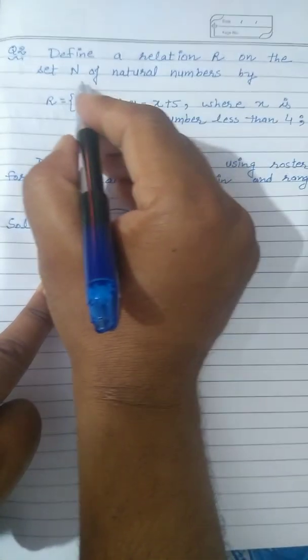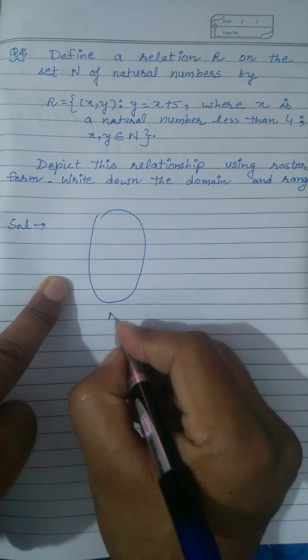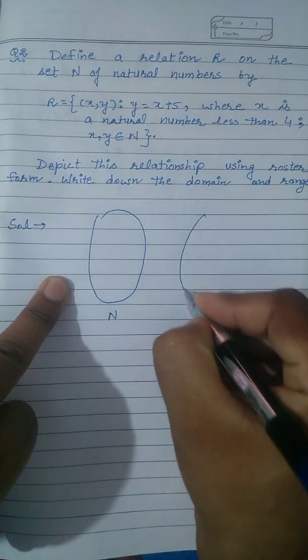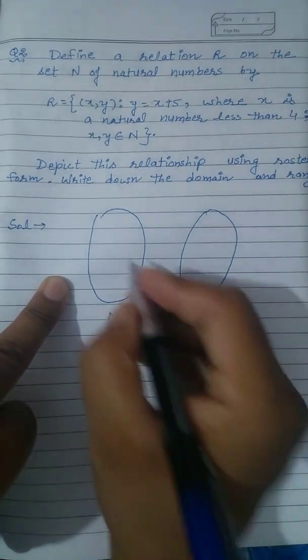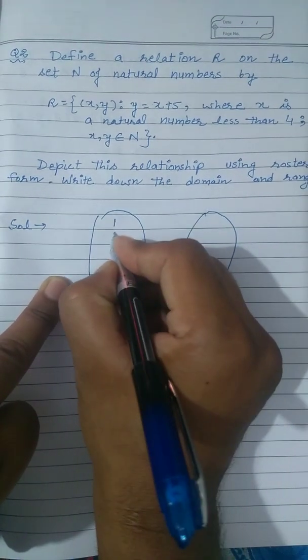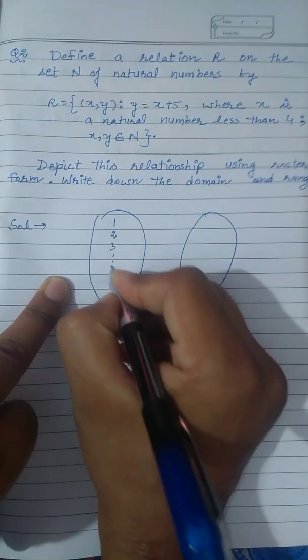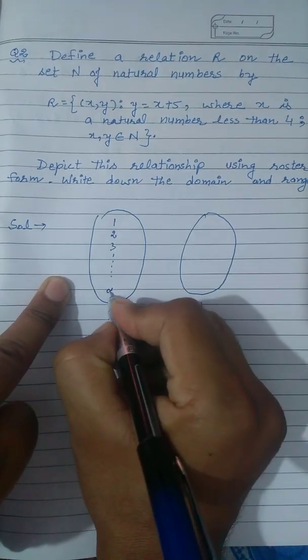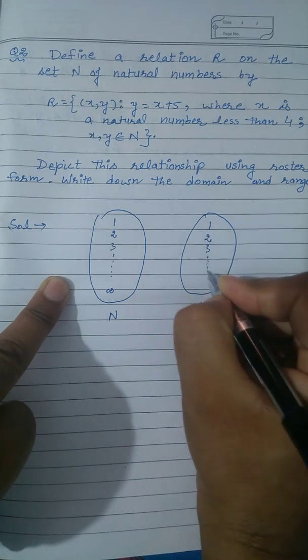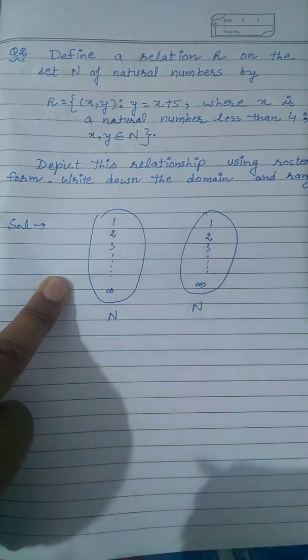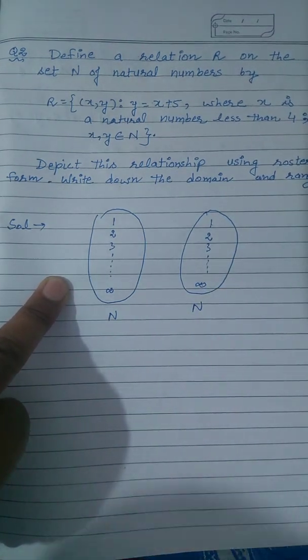a relation on the set N of natural numbers. x, y both belong to N. So the first set is N, the second set is also N. Natural numbers mean 1, 2, 3 and so on up to infinity, here also 1, 2, 3 and so on up to infinity. So what is here?